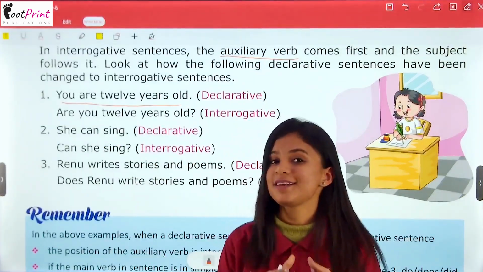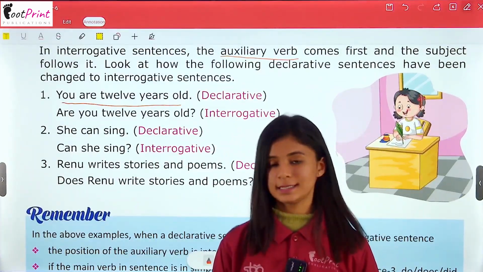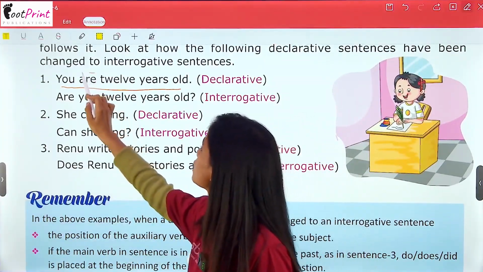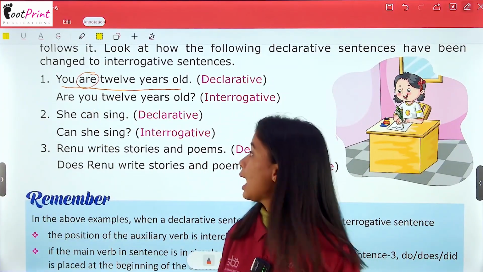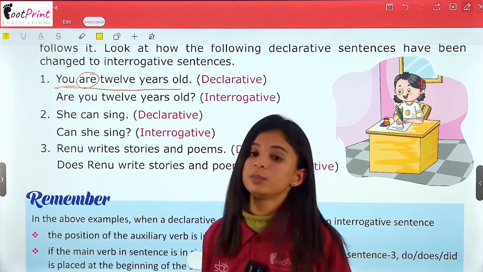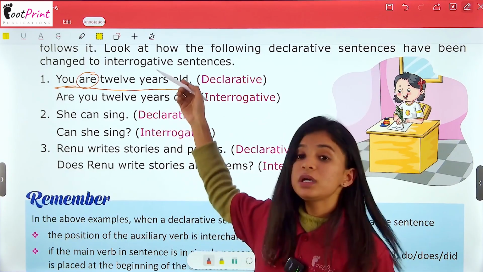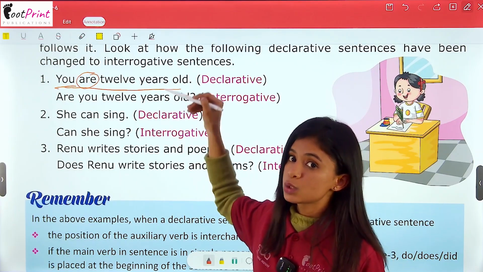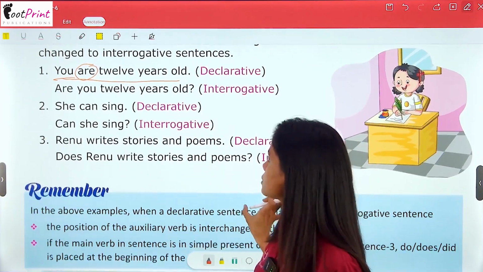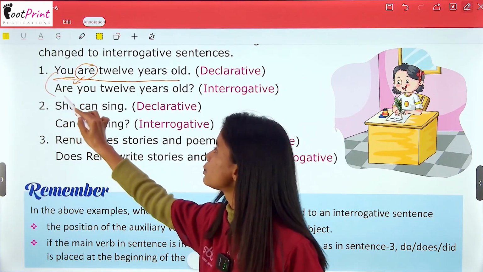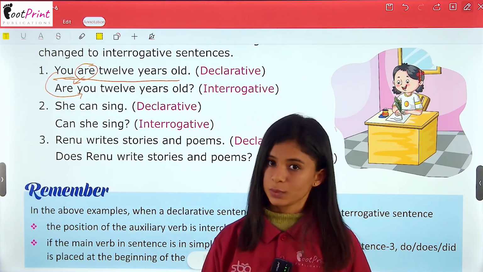This is a declarative sentence that we can easily understand with the reading. Here the auxiliary verb is are and the subject is you, because we are talking about you in the sentence. So when we convert this declarative sentence into an interrogative sentence, you have to place this auxiliary verb first and the subject will follow it, right?